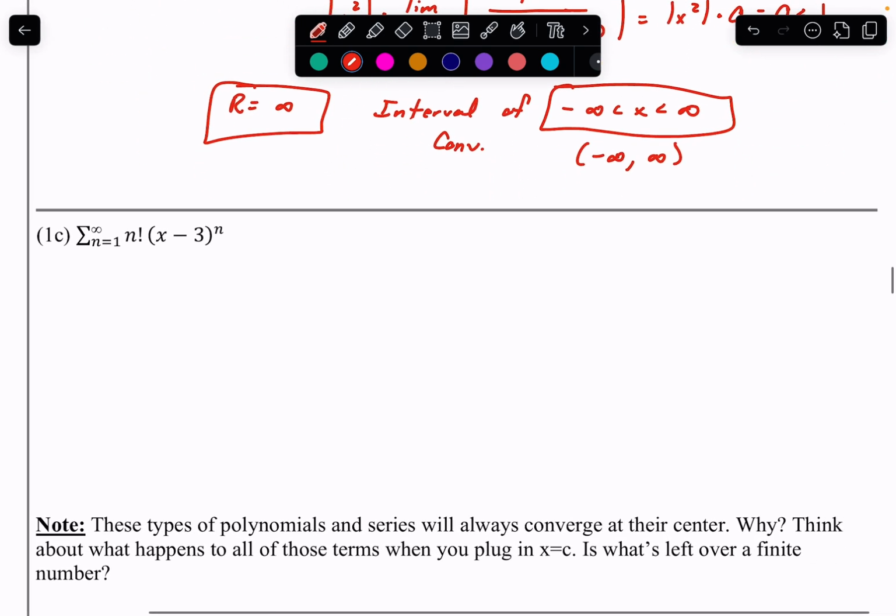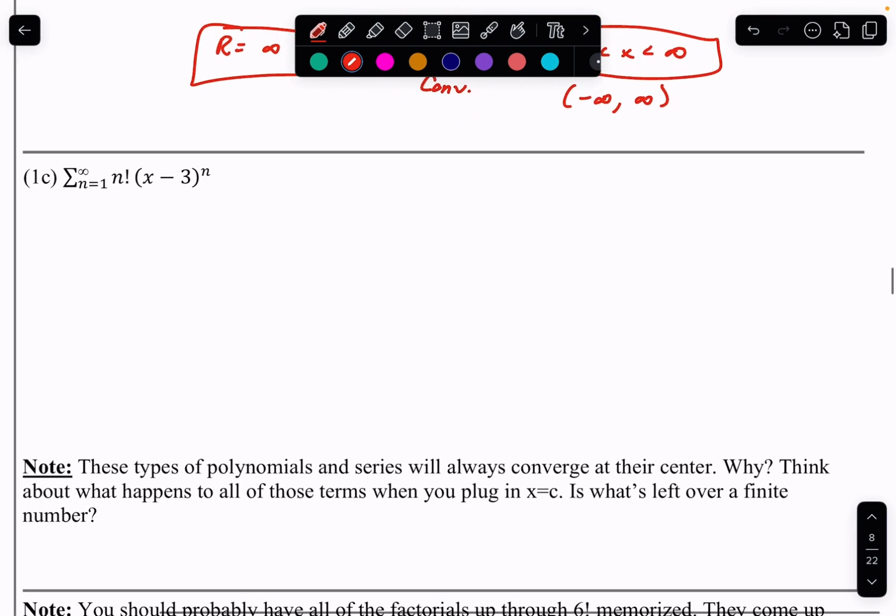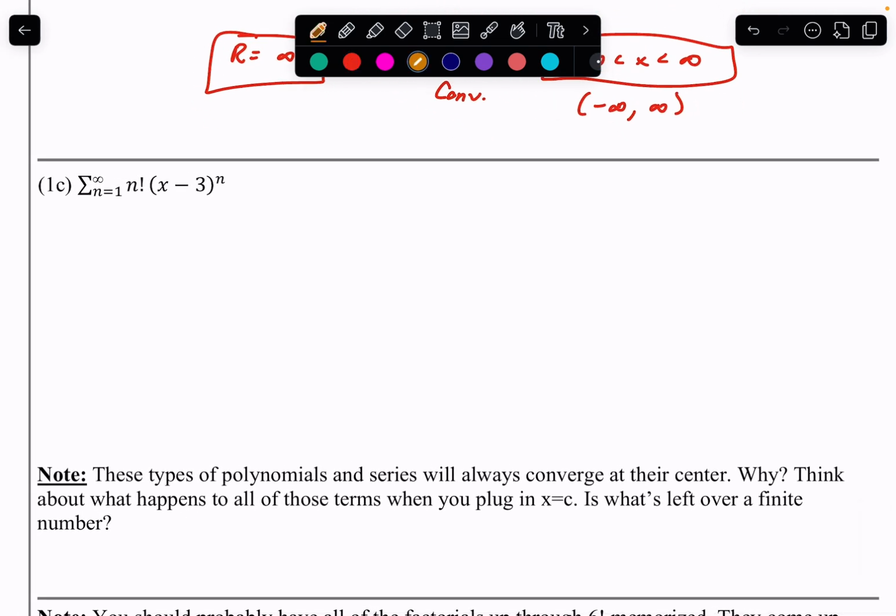Now let's do one more where we're being asked to find the radius and interval of convergence. This one looks a little simpler, but it is a power series. So I'm going to do the limit as n goes to infinity. Remember, a sub n plus 1 over a sub n. We do get some reducing.